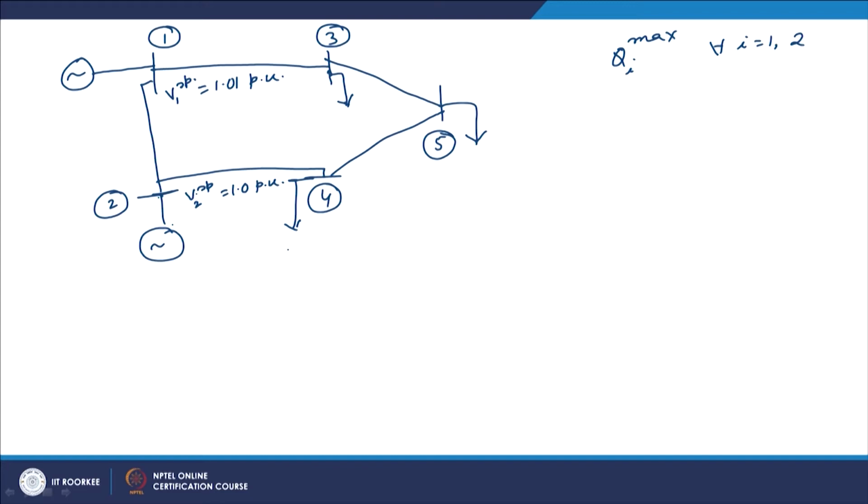Similarly, on the other hand, if some loads are thrown off, then what will happen? All these bus voltages in the system will try to rise, because these loads have been thrown off. In that case, these excitation systems will again try to maintain these bus voltages at 1.01 per unit and at this bus at 1.0 per unit by absorbing reactive power from the buses.